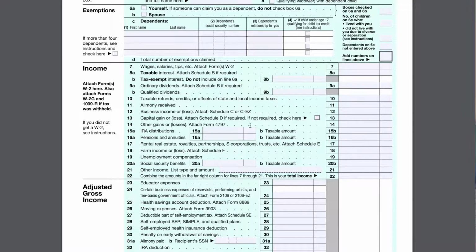So if you have a municipal bond from the state of Oregon, that may be exempt from federal taxation, and so it may be listed on line 8B but may not become part of your total income.